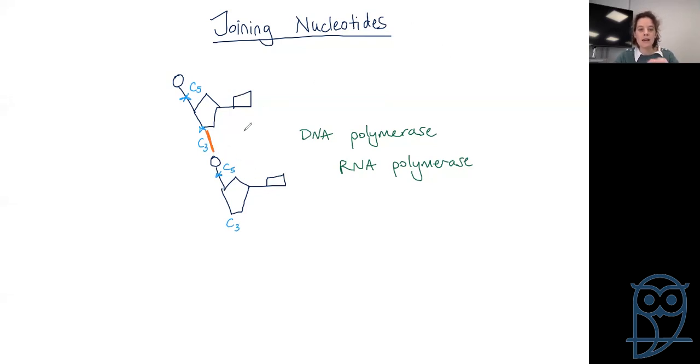So we're catalyzing it between C3 and the phosphate group, and it's called a phosphodiester bond. This is another covalent bond. So what we get is a string of covalent bonds, phosphate to sugar, phosphate to sugar, phosphate to sugar, or phosphodiester bonds. So it's a really strong backbone.